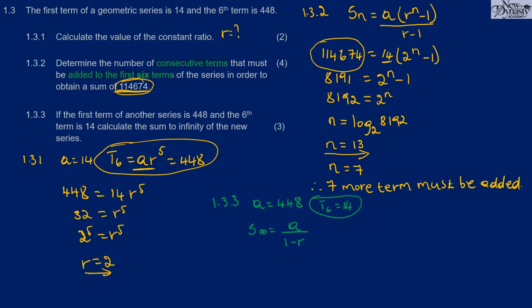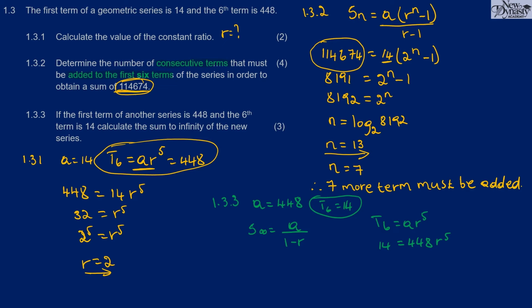So remember that your T6 can be expressed as a r to the exponent 5. But the T6 is 14. So that is 14 equals your first term, which is 448, then r to the exponent 5.